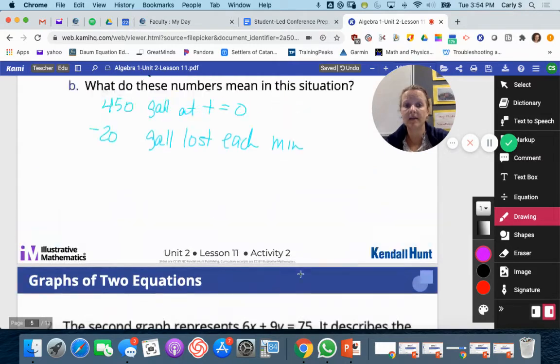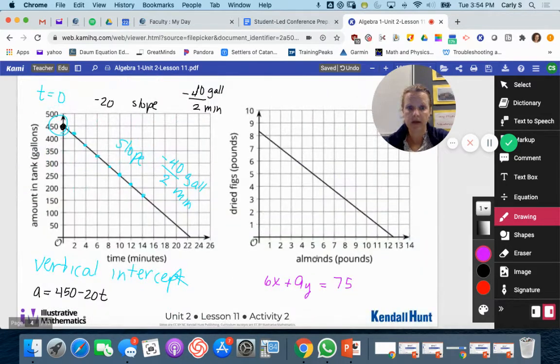So when y is 0, x should be 12.5. And look at that, it is. And that means that you have 12.5 pounds of almonds, 0 pounds of figs, and you've spent $75.